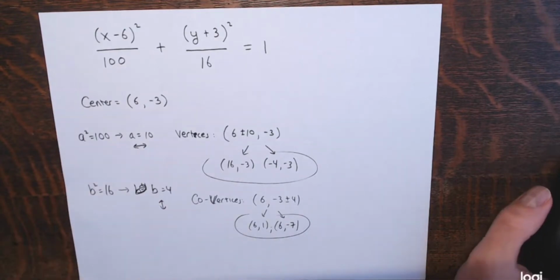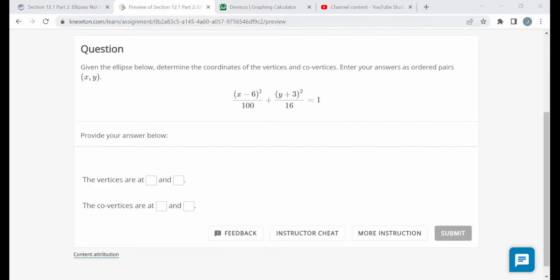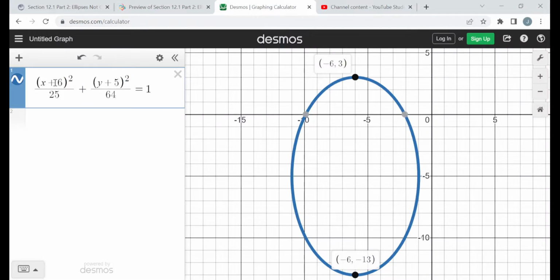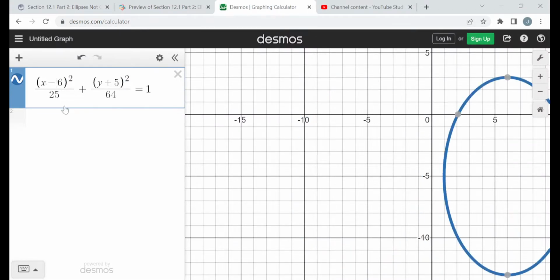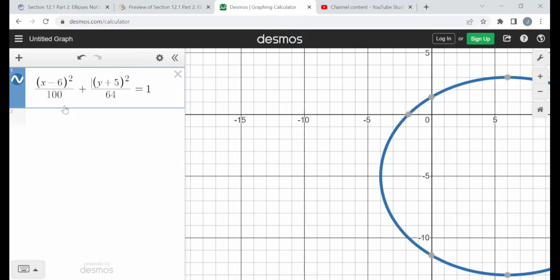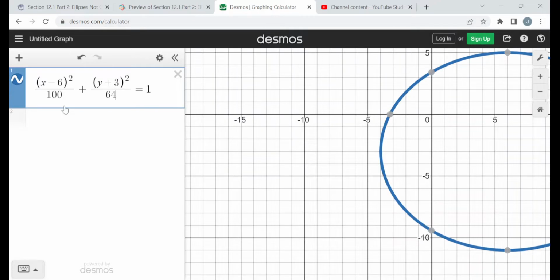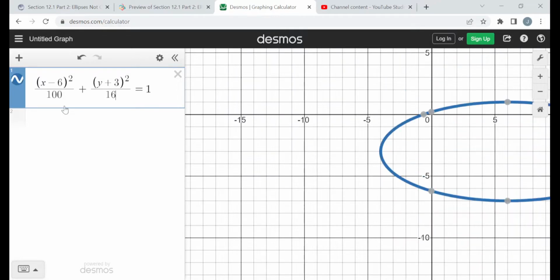And again, you can draw it by hand if you want. I'll go to the calculator. We had x minus 6 squared divided by 100. And then y plus 3 squared divided by 16. There you go.